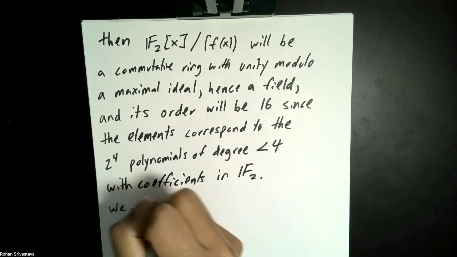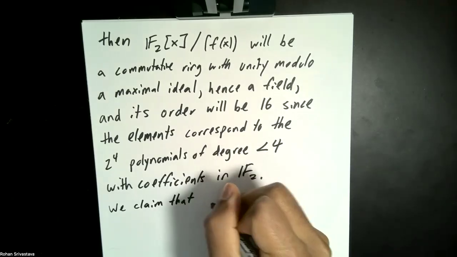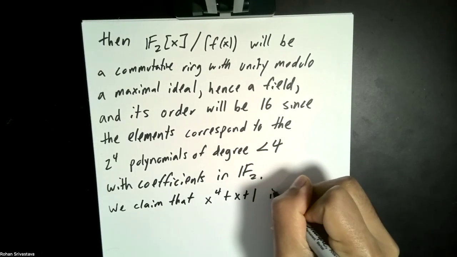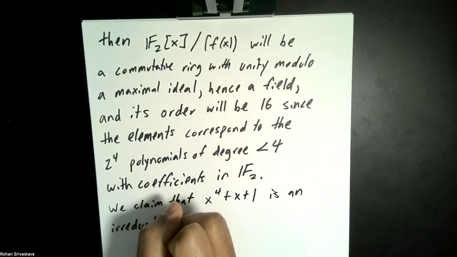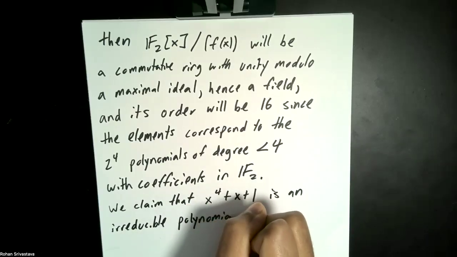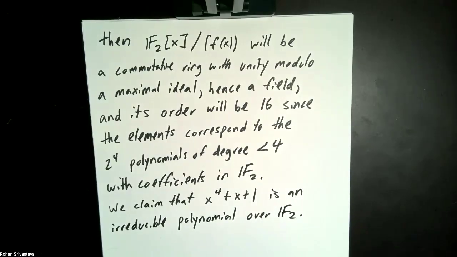So we claim that x to the fourth plus x plus 1 is an irreducible polynomial of degree 4, of course, over F2. To show that this polynomial is irreducible, we have to show that it can't be factored.